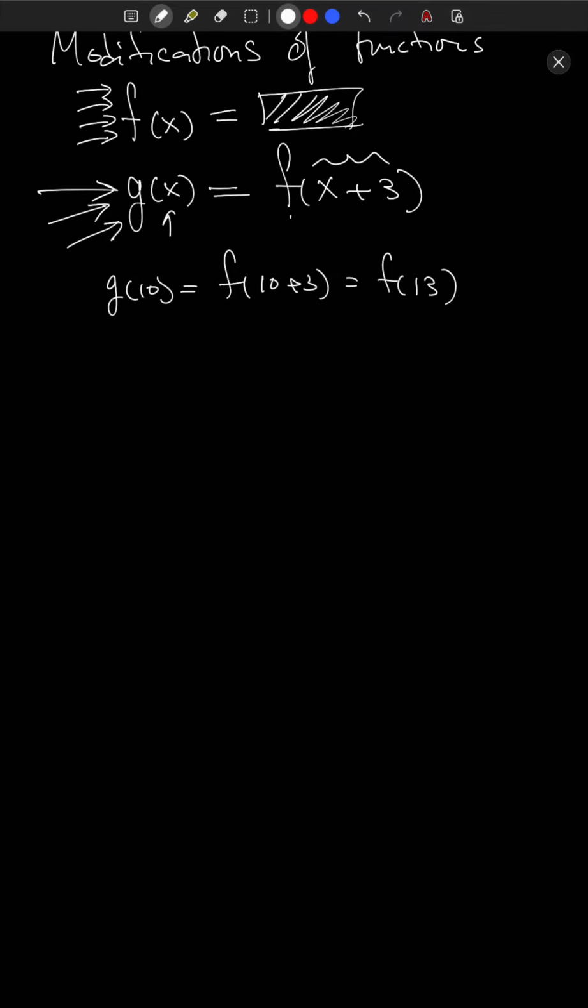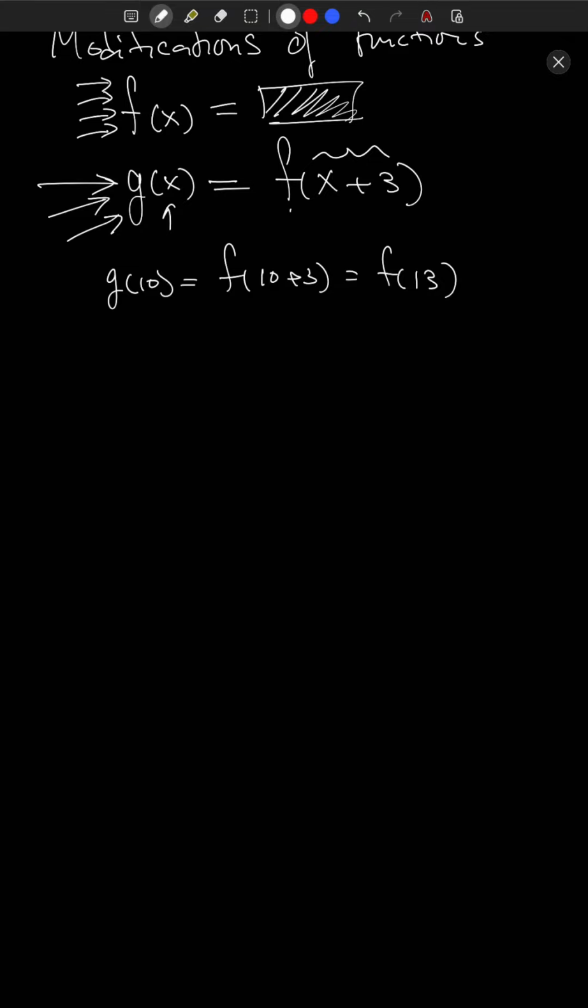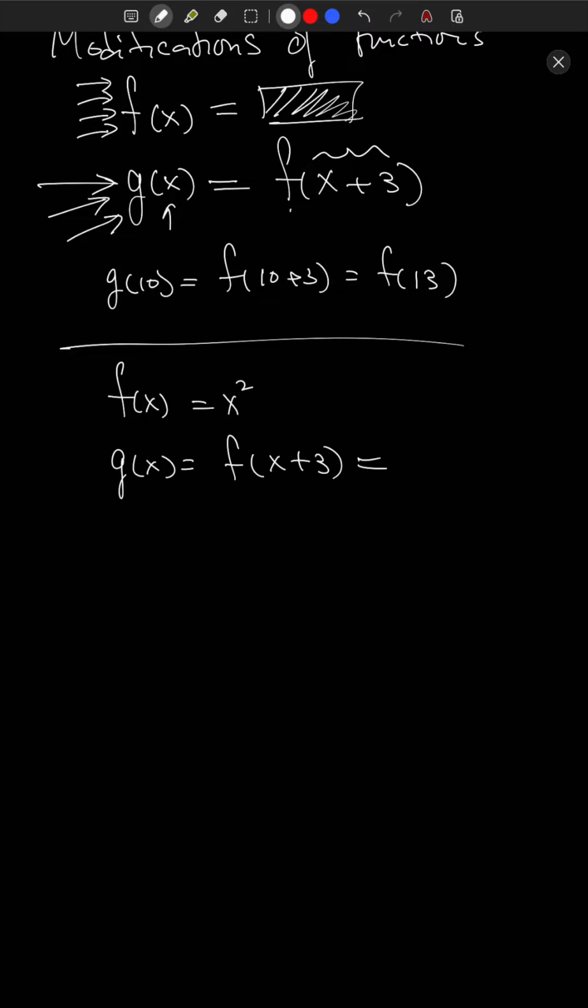Let me give a concrete example. If f of x is equal to x squared, g of x would be f of x plus 3. In this example, what is f of x plus 3? Well, f is the function that squares whatever you put in. I'm putting in x plus 3, so I need to square it: x plus 3 squared. So this would be the formula for g of x in this example.